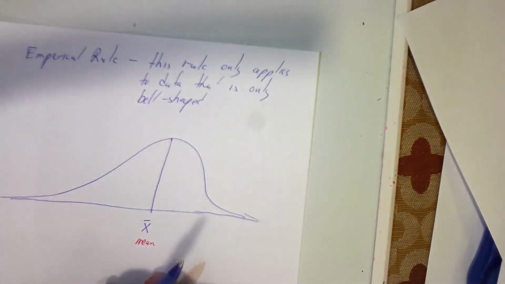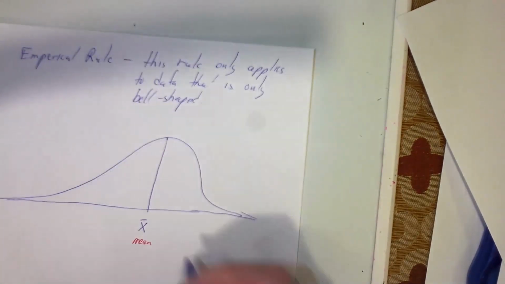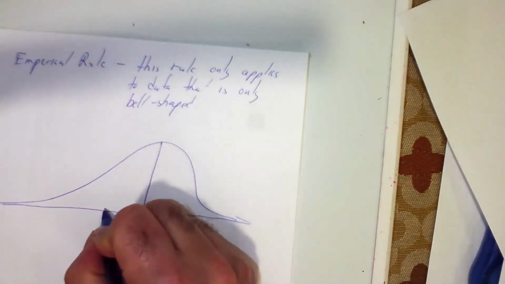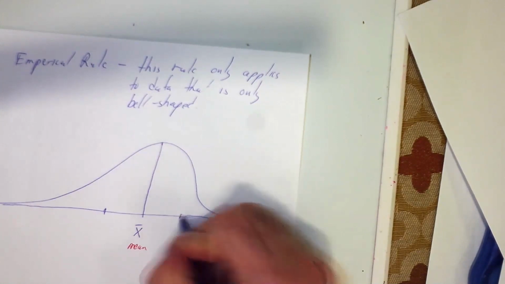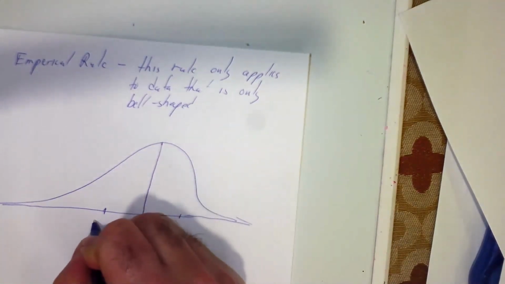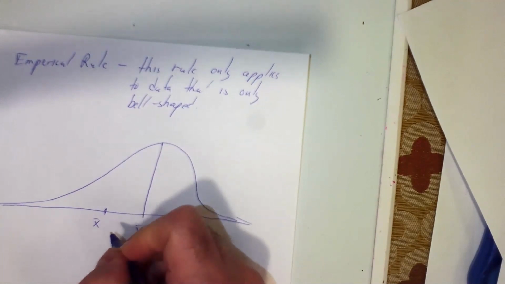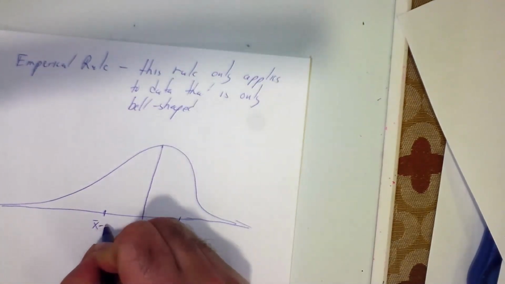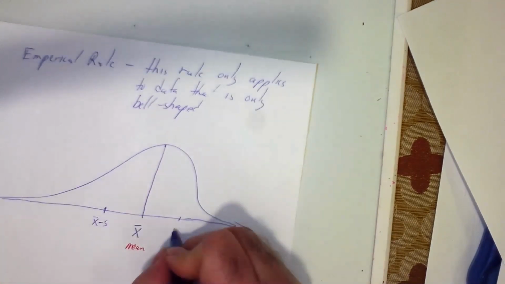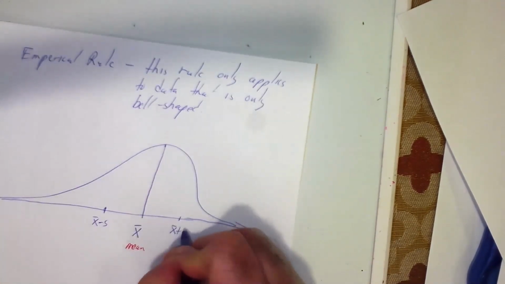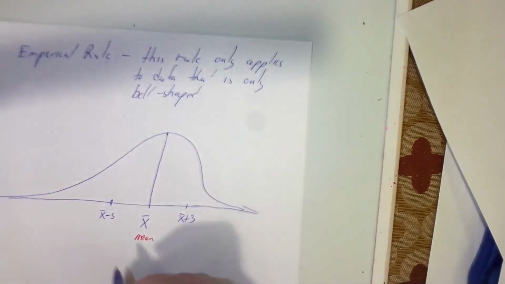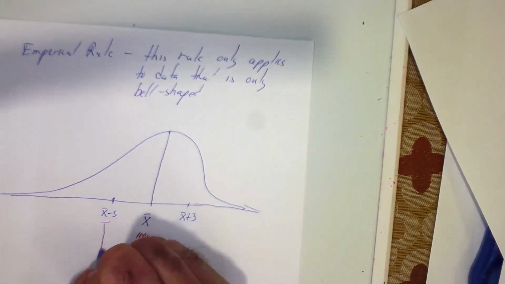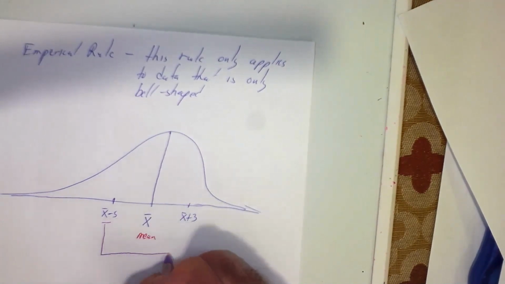So the mean is in the middle. Because it's symmetrical, the distance from the mean to the left and to the right is equivalent to 1 standard deviation from the mean. So we subtract a standard deviation, and we add a standard deviation.